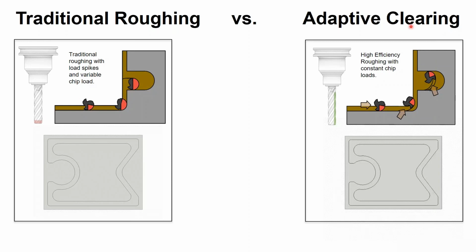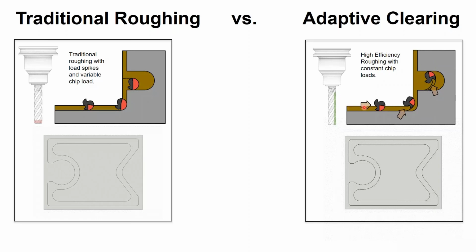If we look at the adaptive clearing instead, we try to use as long a portion of the milling tool as possible. We try to machine at a much deeper Z level at a time. So maybe we would like to machine with the whole tool engaged with the material.